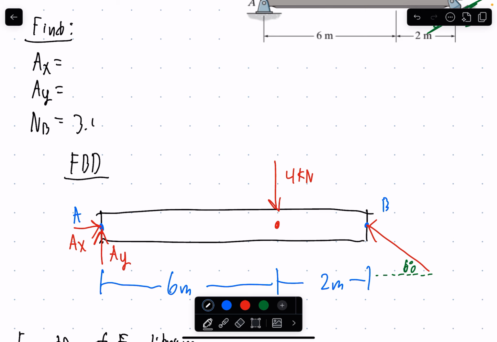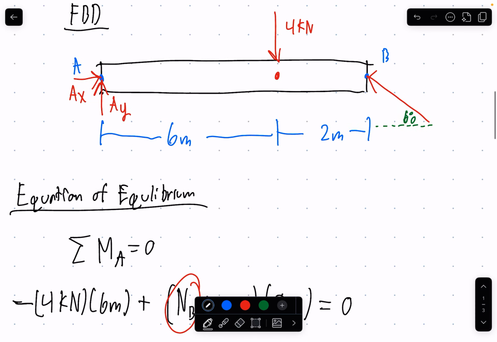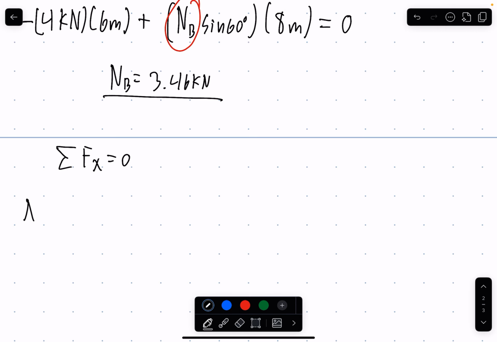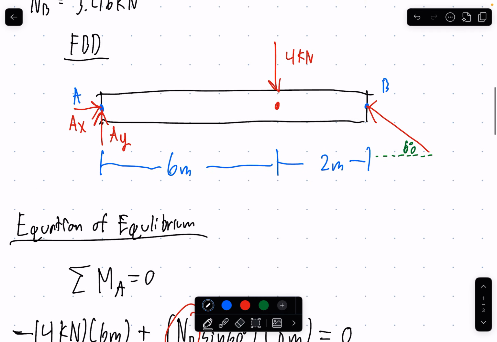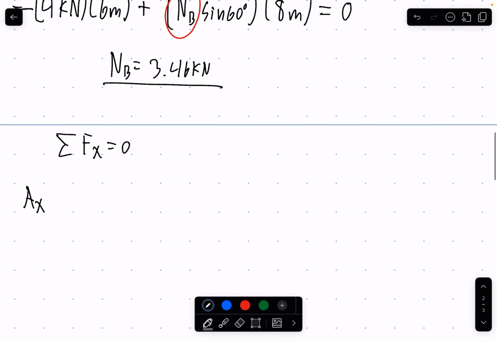And that's our first find variable, so I'll write it up here to make sure we're solving for what the problem's asking for. Then we'll move on to the sum of forces in X. Going from left to right, we know AX is acting towards the right, so it'll be a positive sign. The only other force acting horizontally is the horizontal reaction at B, which will be negative because it's going towards the left.